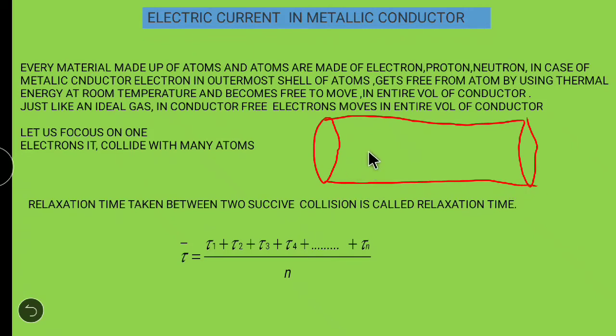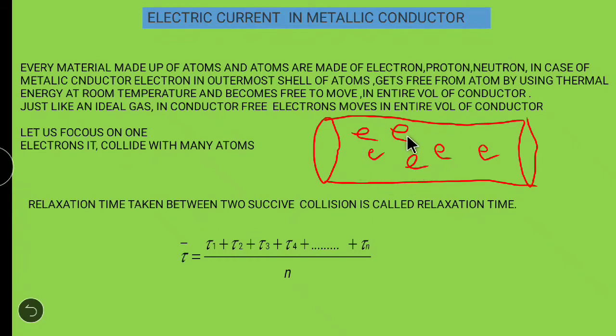And just like molecules of the gas, electrons are inside the conductor. These are the electrons. Many free electrons are there, and they will perform random motion.